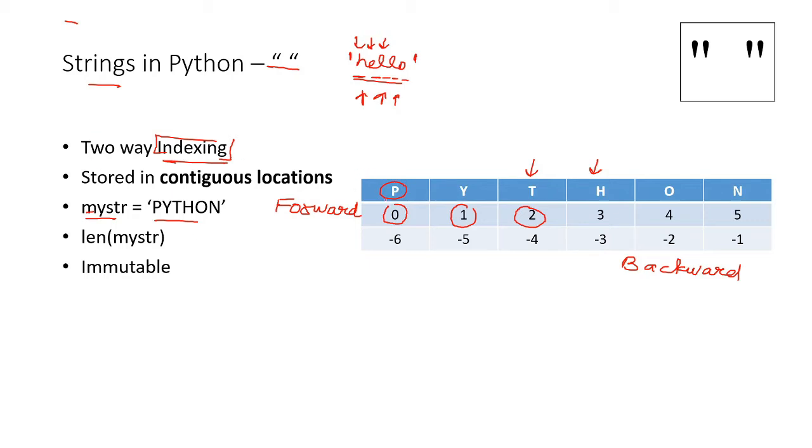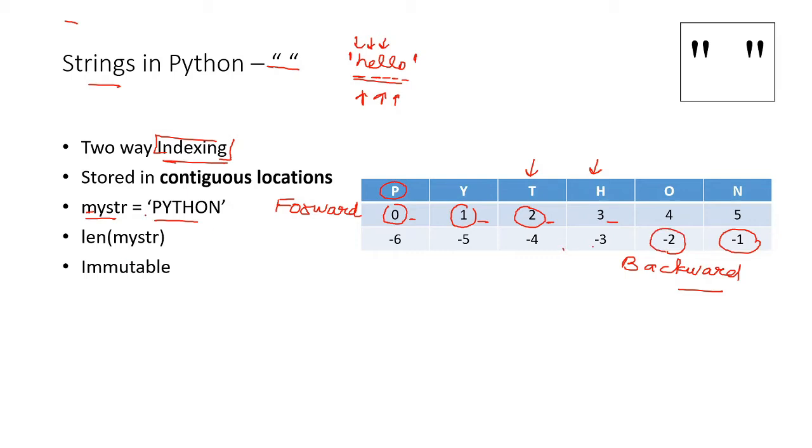The index value of the first character is 0, the second is 1, the third character's index value is 2, the fourth character's index value is 3, and so on. This is in the case of forward indexing. Now, when you are accessing the string elements using the backward indexing technique, the last element has the index -1, the second last has the index -2, and so on.